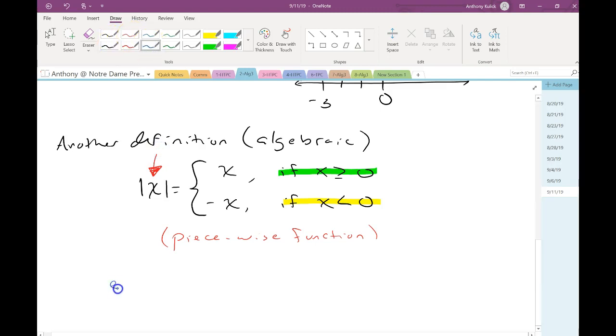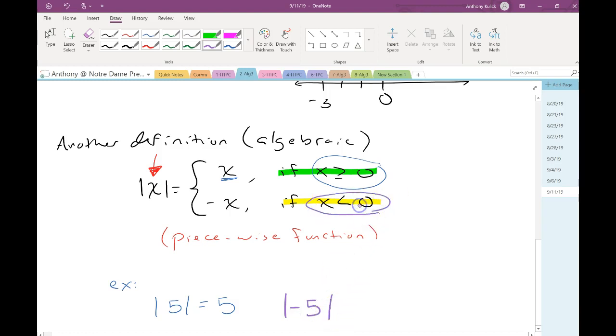So if we try to evaluate the absolute value using this definition, so if I say the absolute value of 5, well, the 5 in this case is greater than 0, correct? So what it tells me is the absolute value of 5 is just 5. If instead I wanted to look at the absolute value of -5, -5 is less than 0, correct?